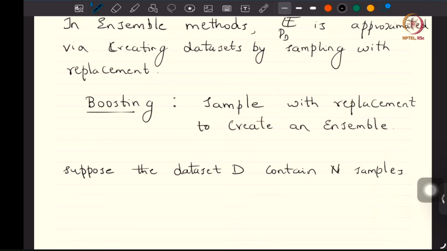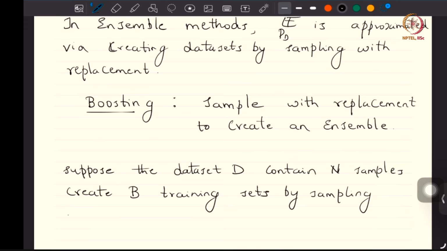Create B training sets by sampling so that each new data set Db has n samples.